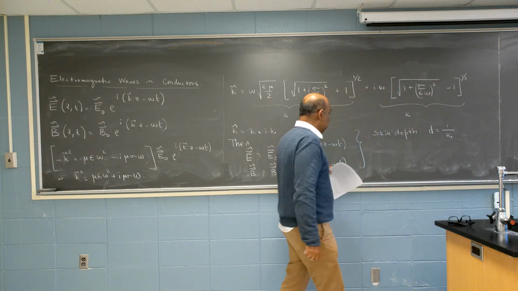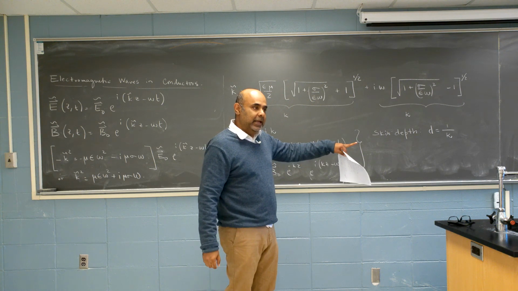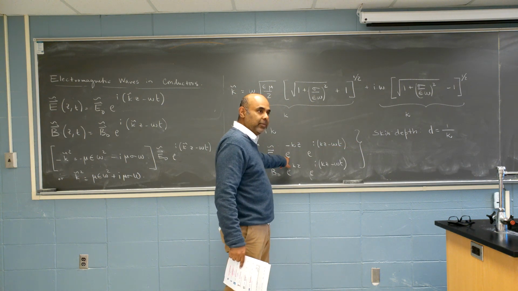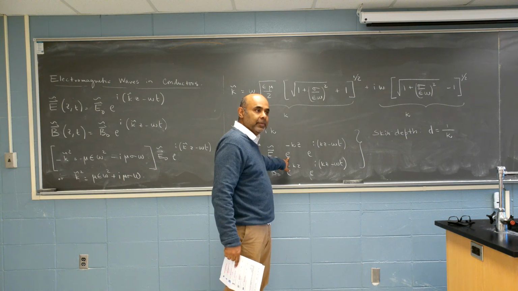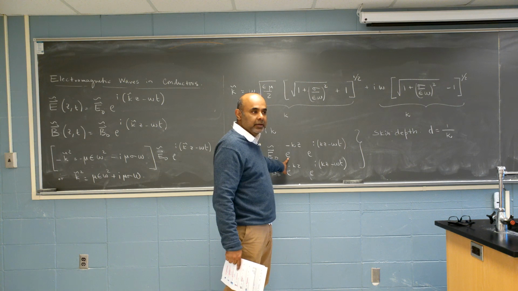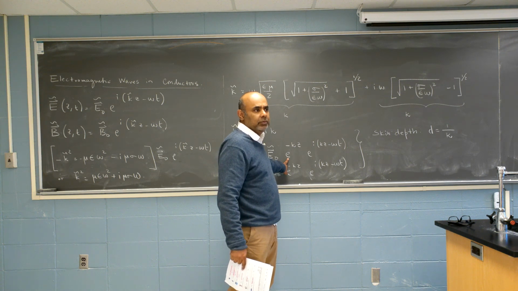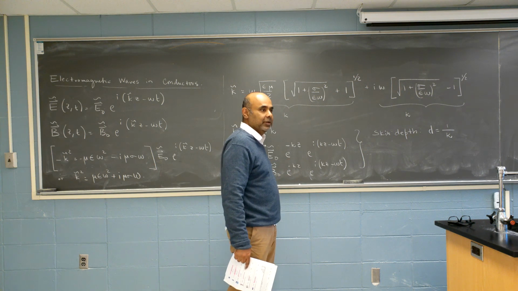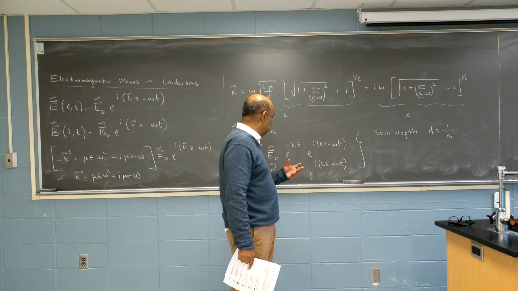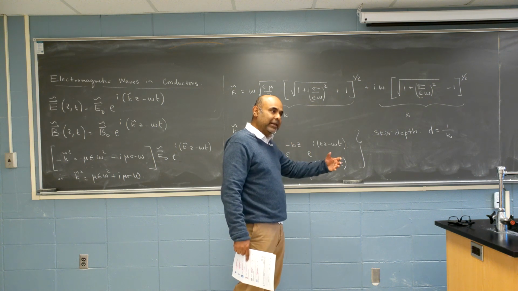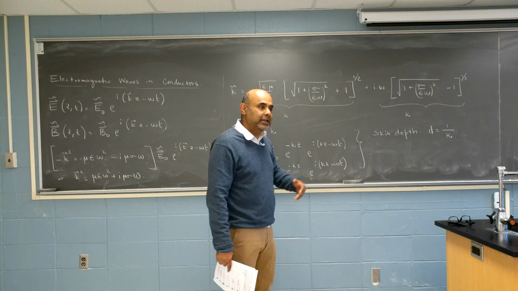So if you go 1 skin depth into the conductor, the electric field has attenuated by 1 over e. If you go 2 skin depths, it has attenuated by 1 over e squared, and so on and so forth. So it's a measure of how fast the electromagnetic field, the signals, would attenuate.